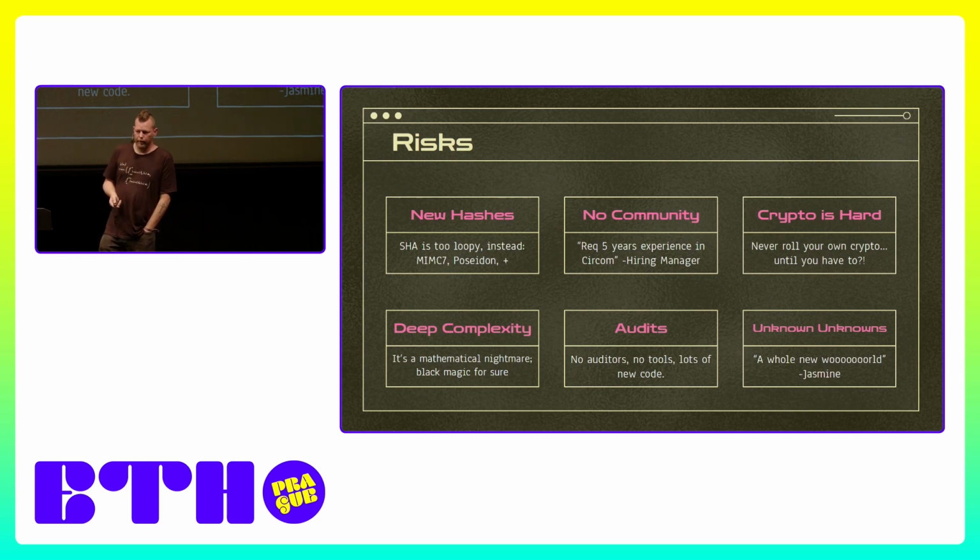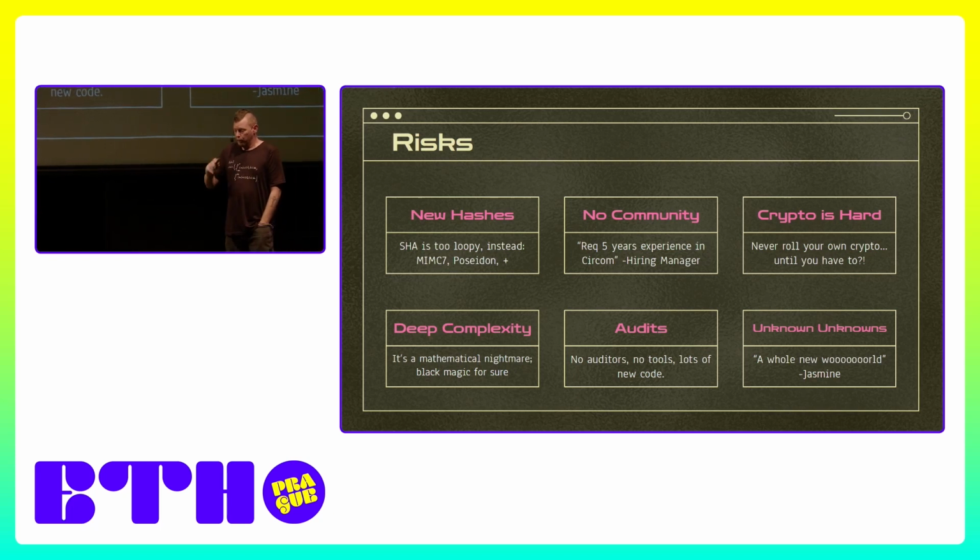Another one is there's no community. I mean, how many of you use Stack Overflow, right? Everybody, always, constantly. Well, we don't really have that for Circom. I mean, there's some, it's getting better, but it's not there yet. Also, crypto's hard. Every time we end up with a new feature we want to do or a new weirdness, we've got to implement it. The libraries don't exist. The tooling doesn't exist. It's just not there yet.